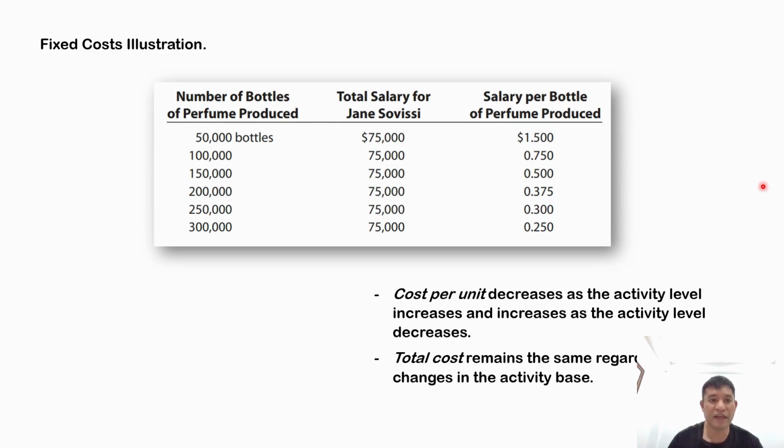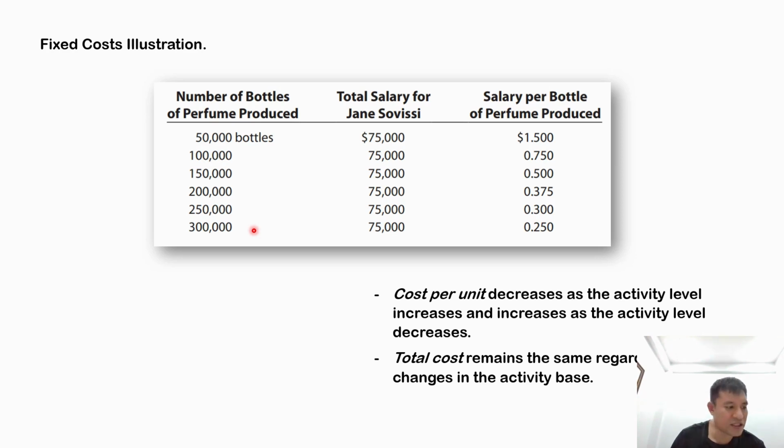To illustrate the fixed costs, let us assume that Minton Incorporated manufactures bottles and distributes perfume. So the production supervisor is Jane Suvisi, who is paid the salary of $75,000 per year for the relevant range of 50,000 to 300,000 bottles of perfume.